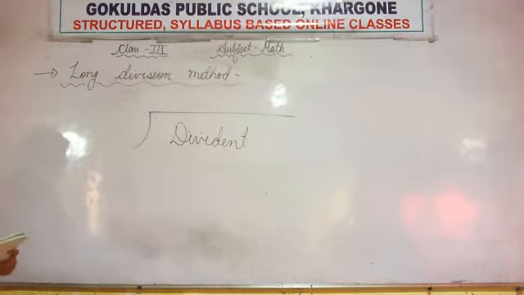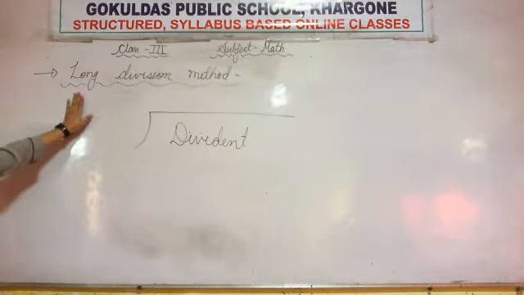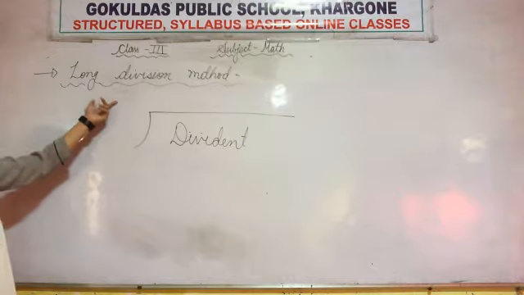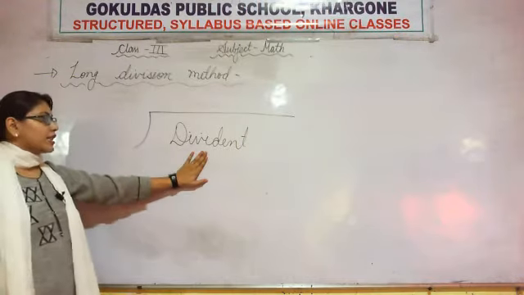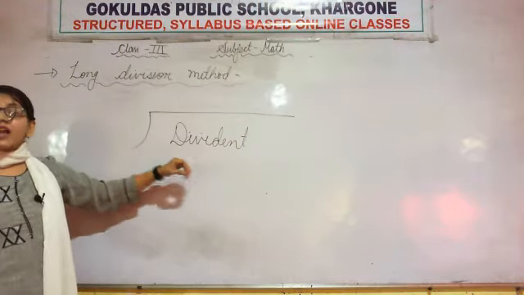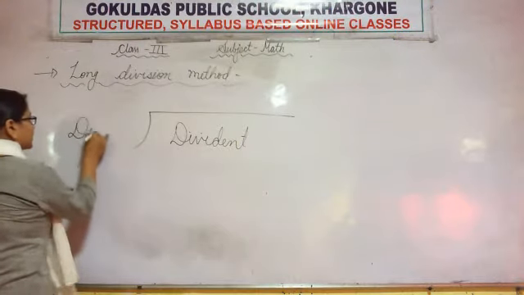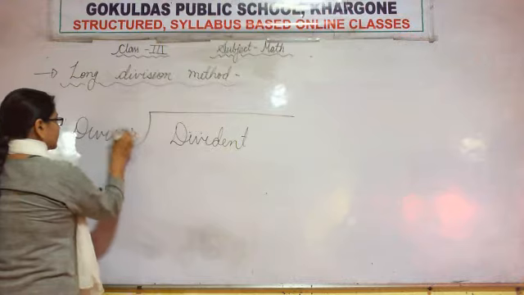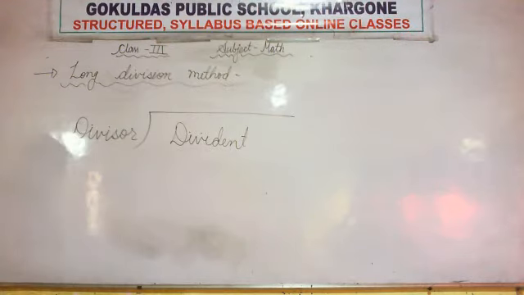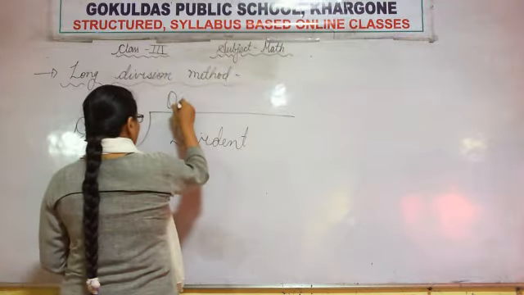You are familiar with these terms. So if we divide by the long division method, then in this place we will write the dividend. In this place we will write the divisor. And in this place we will write our quotient.